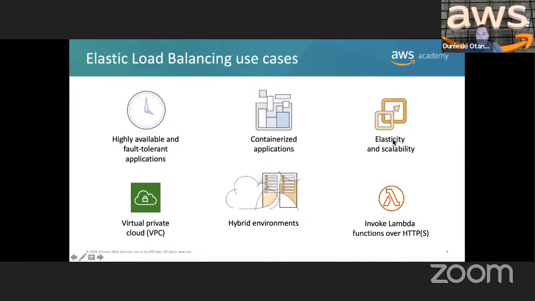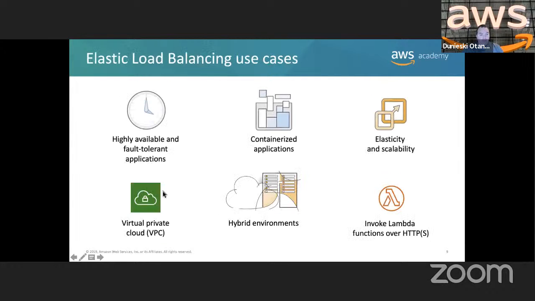So you will scale up, scale out, and be able to cope with all the traffic, right? And it's elastic. That's why you call it Elastic Load Balancer, because it can support a great number of EC2 instances, right?